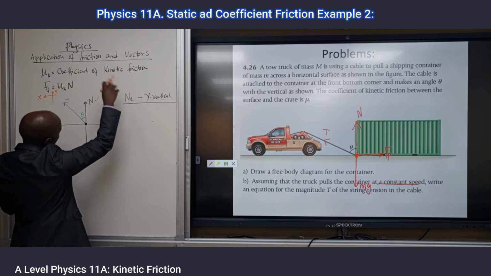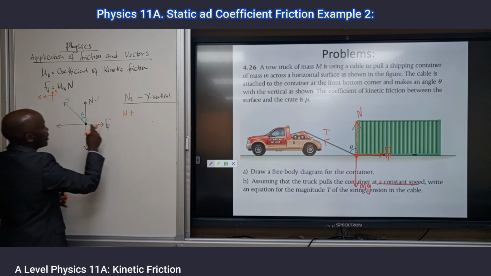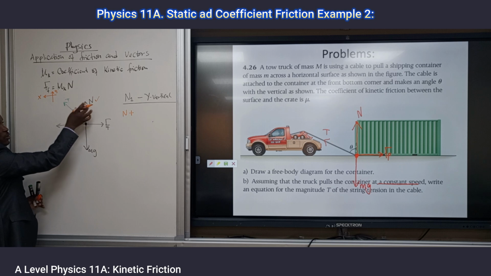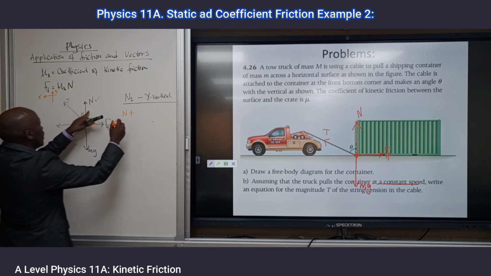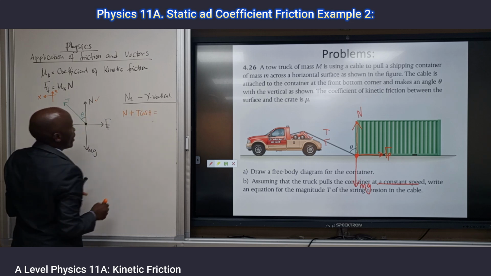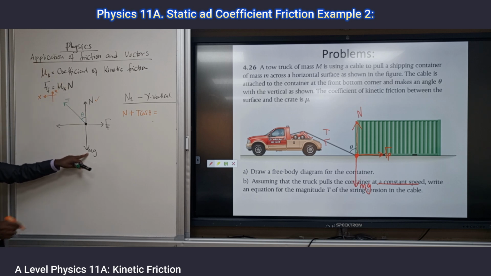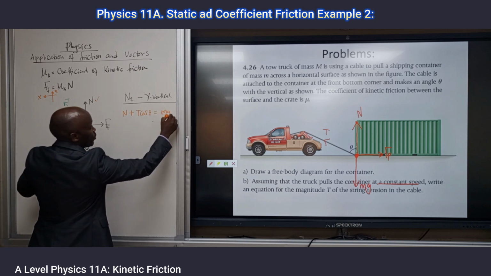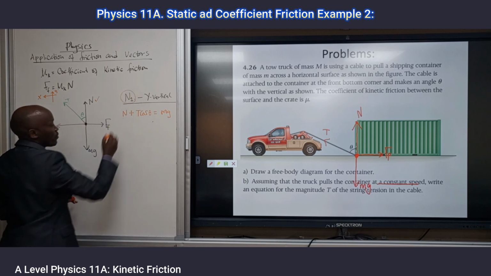So in the upward y direction we have N, and then we add the vertical component of the tension, which is T cosine of theta. The upward forces should equal the downward forces, and the only downward force is mg. So N plus T cosine theta is equal to mg. That gives us equation 1, where we applied Newton's first law of motion.